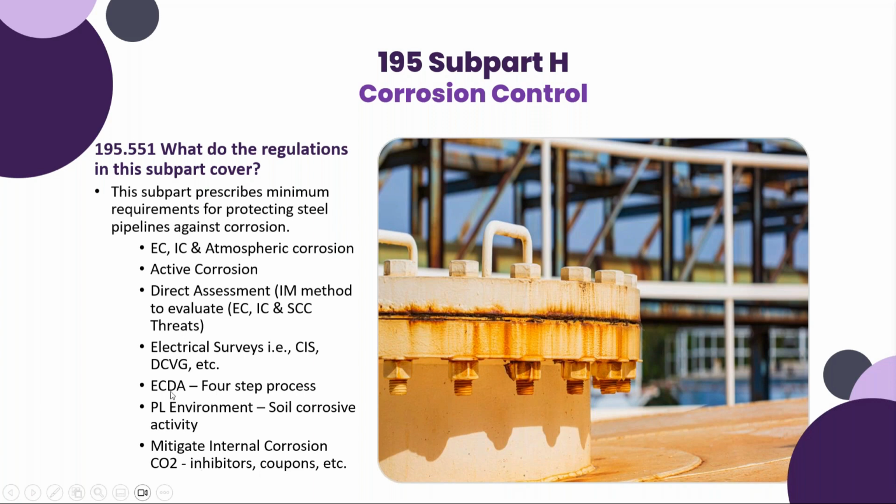And then the biggest thing we should be thinking about is the environment. We spend a lot of time trying to determine where the corrosion is. But if we understood the soils, the environment itself, are there power lines in that area that could impact it with AC interference, but also the corrosive activity.